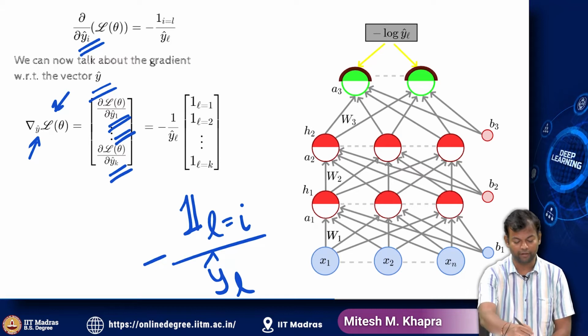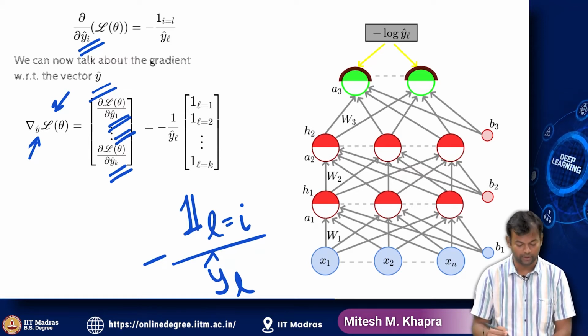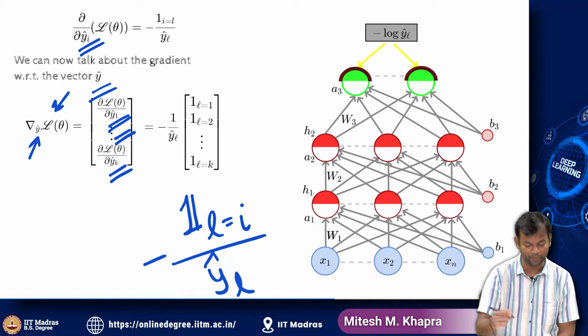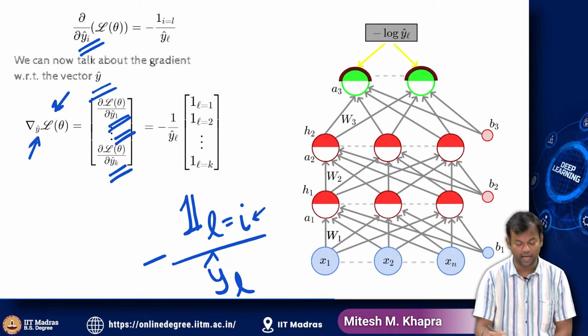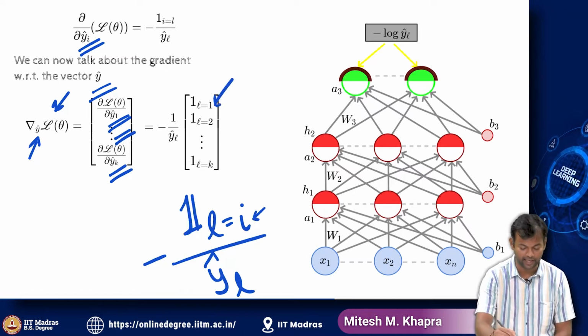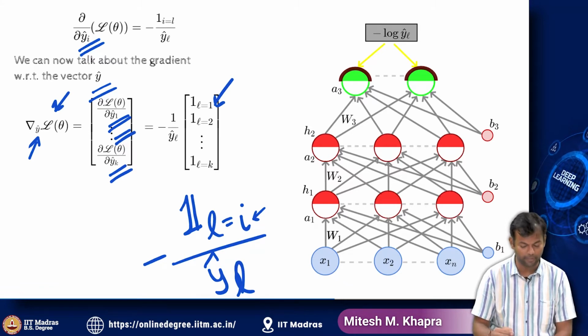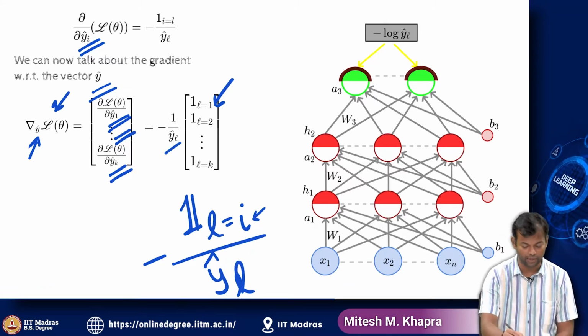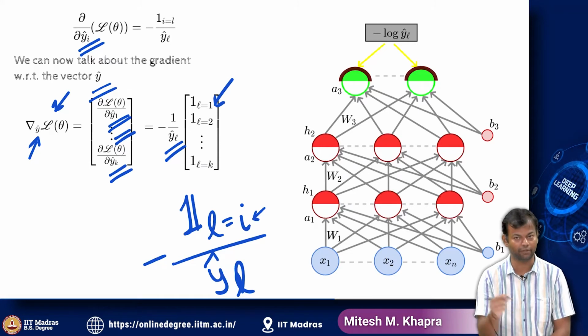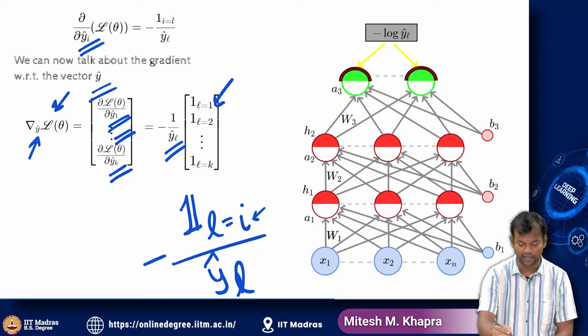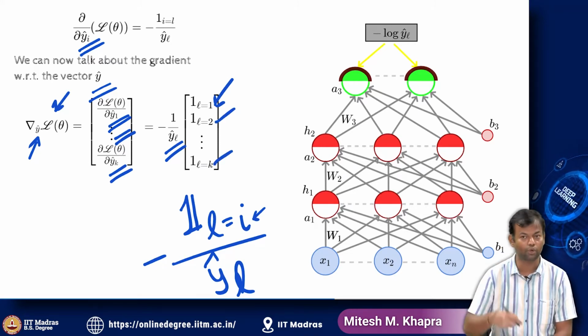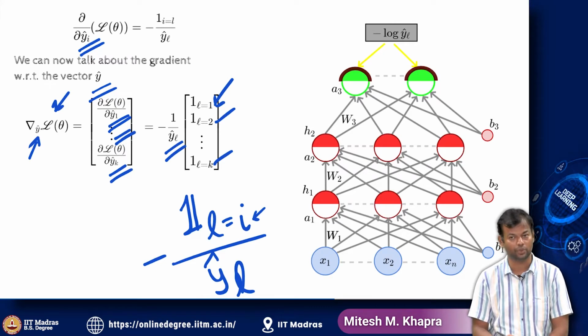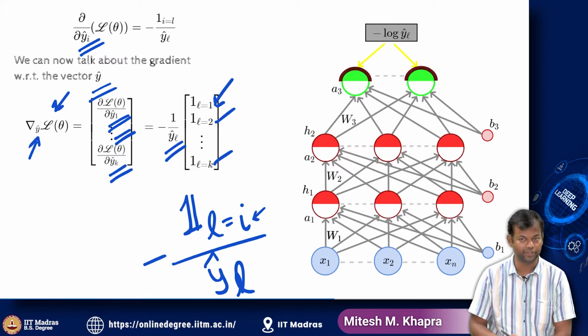So if I want to compute the derivative of the loss function with respect to y1 hat, in that case i is equal to 1. So hence I will write i equal to 1 here. And L of course remains the same, right? L does not change. So that 1 by y hat L and the negative of that comes outside, and this indicator variable just changes as I go down the vector. The condition associated with the indicator variable changes, right?